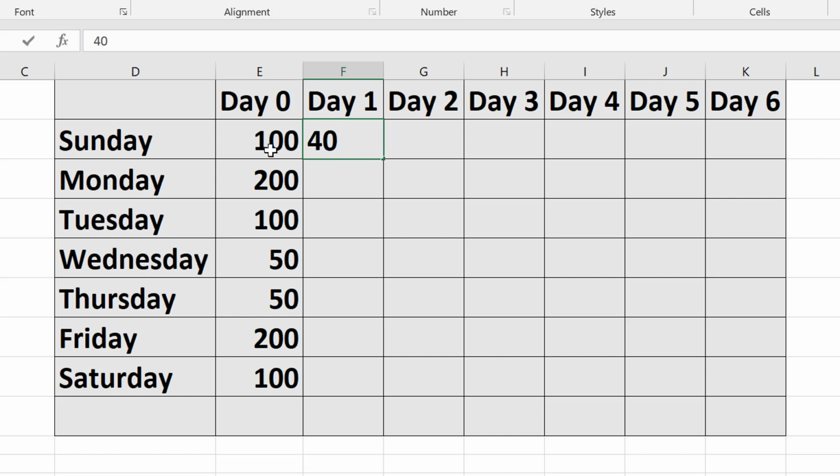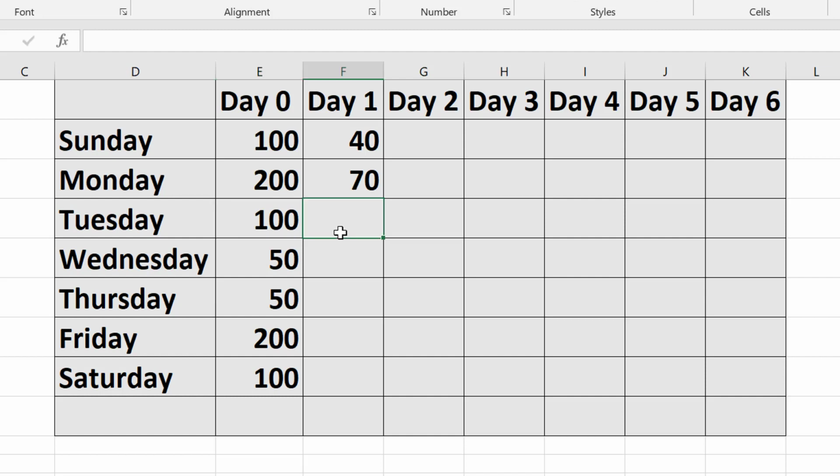The day 0 was Sunday, which was 100. This figure came down to 40 on day 1, which is Monday. Similarly, on Monday, we acquired 70. So for Monday, what will be day 1? It will be Tuesday. So on Tuesday, 70 people came.